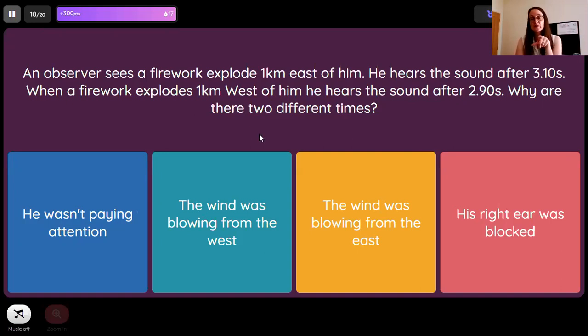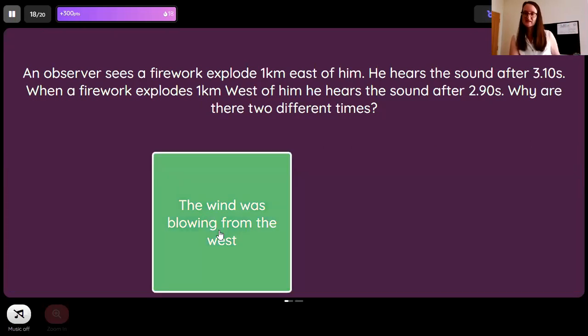Imagine he's facing north, the sound to the west, to the left of him, is coming quicker, so the wind was blowing from the west. So it was making it go faster towards his ears.